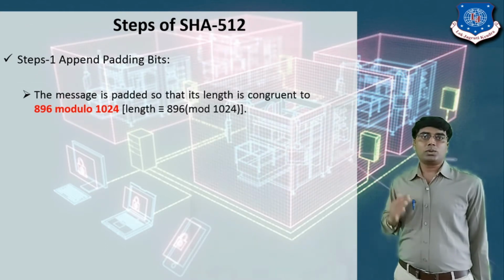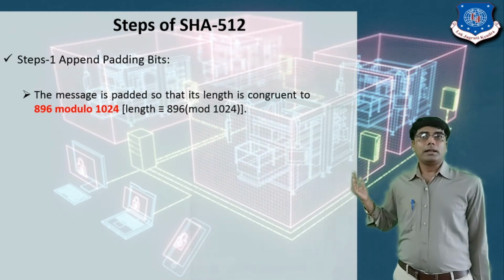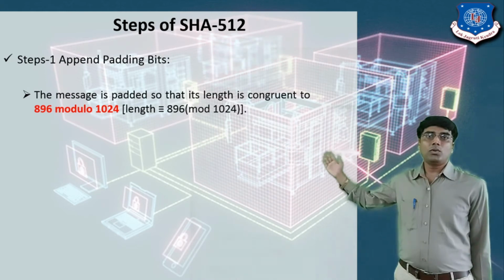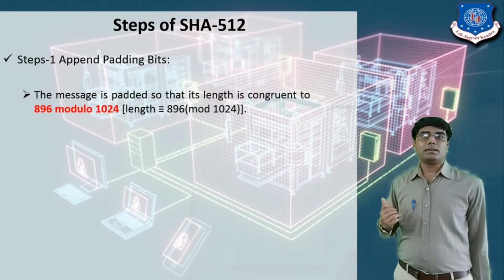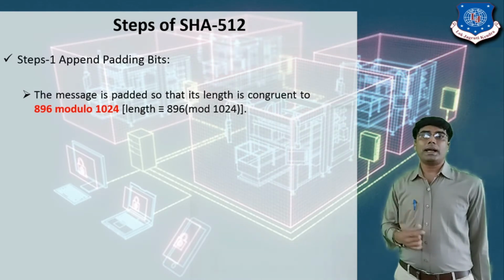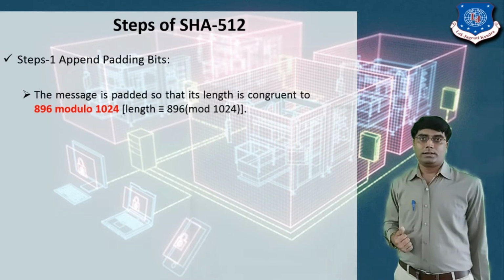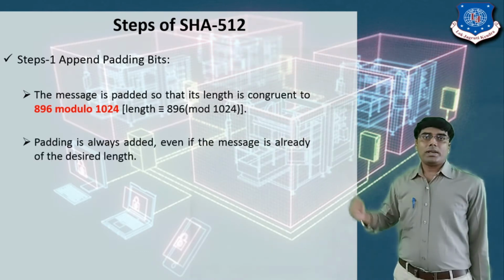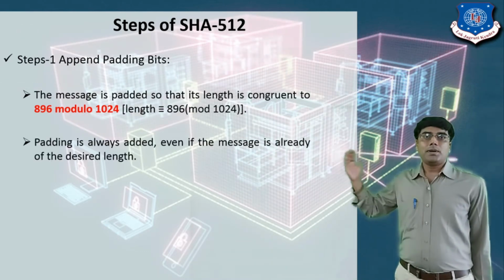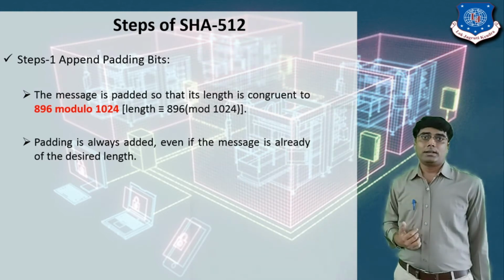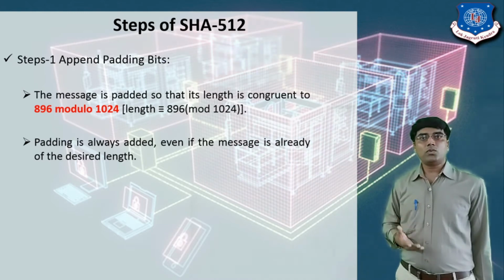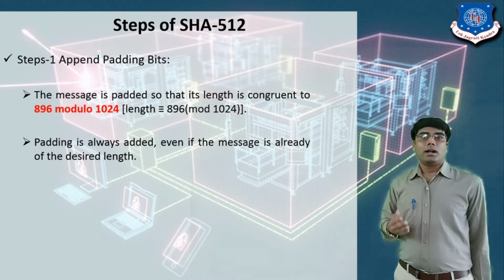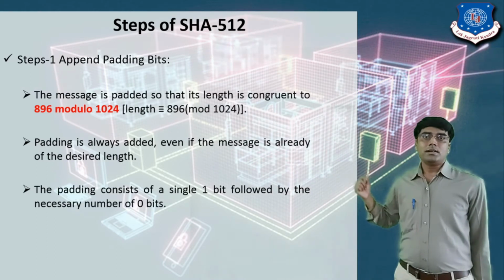The message is padded so that its length is congruent to 896 modulo 1024. It means that from 1024 we subtract 128 bits, and we get 896. Now the padding is always added, even if the message is already of the desired length. It means that even if the message is less than 1024 bits, you again have to add the padding bits, and the next is the padding.